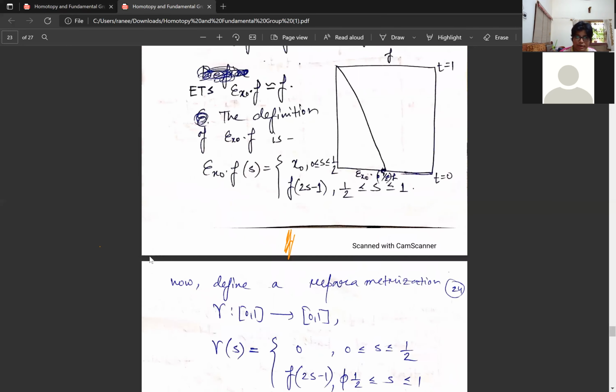So epsilon x naught dot f is just a reparametrization of f. Hence they are homotopic to each other from the previous proposition, since homotopy behaves well with the reparametrization.